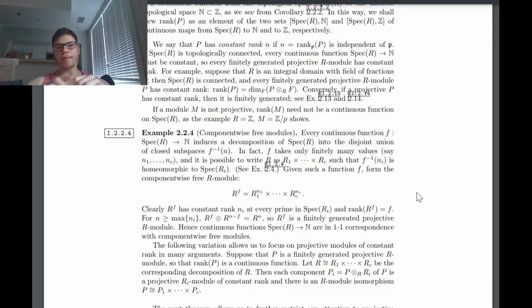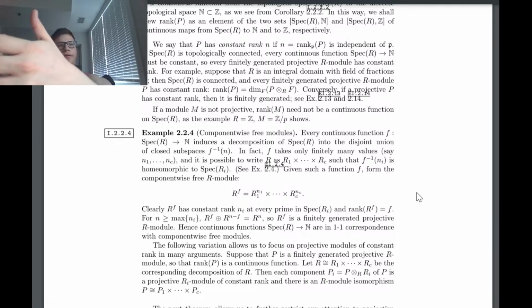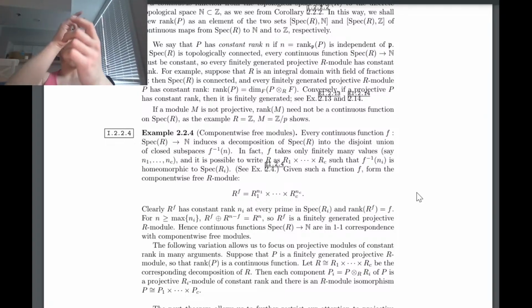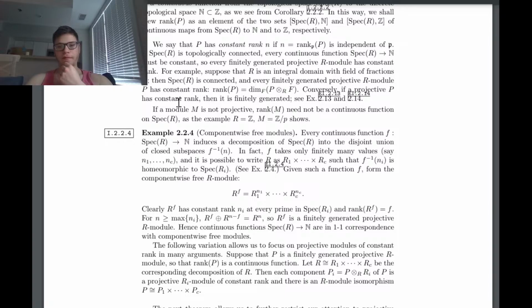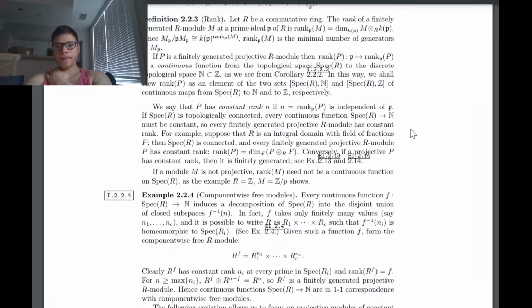In an integral domain, you just take a subring with fewer inverses, so everything is just localizing twice. So you get that it's constant. Conversely, if a projective P has constant rank, it is finitely generated. Okay, this is exercises. If M is not projective, rank M need not be a continuous function.